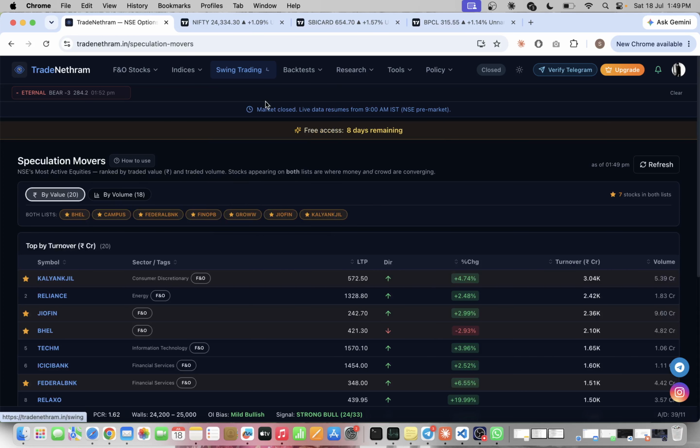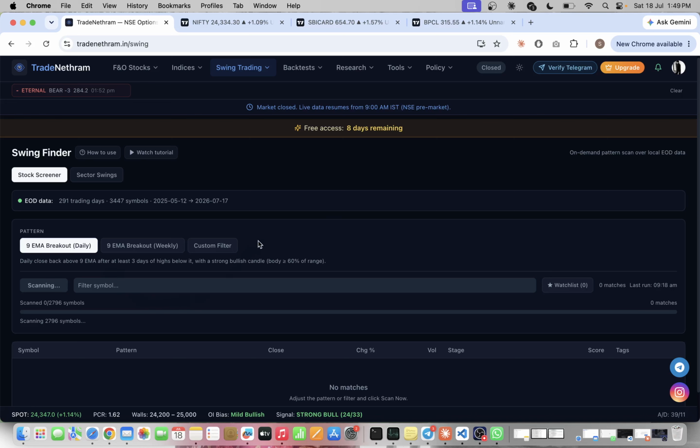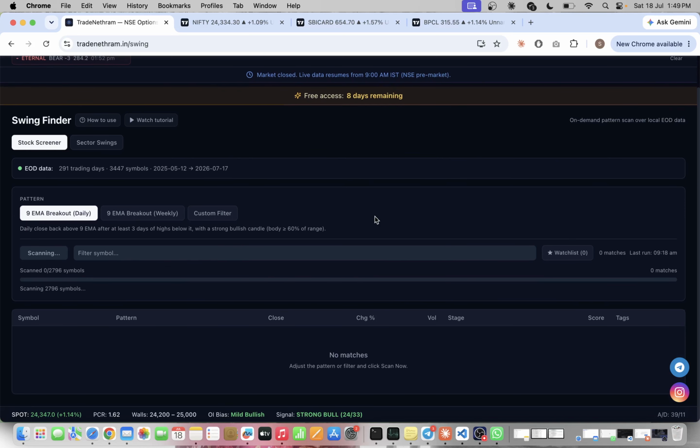We'll talk about the swing finder first. If we come here, this is the first thing, stock screener. If I hit run scan, it will take some time, but it will give you multiple stocks based on the 9 EMA breakout. Okay, 9 EMA daily, 9 EMA weekly. It is not a simple breakout, guys.